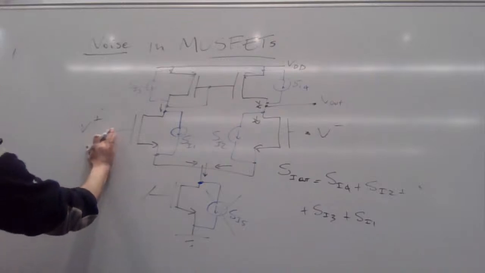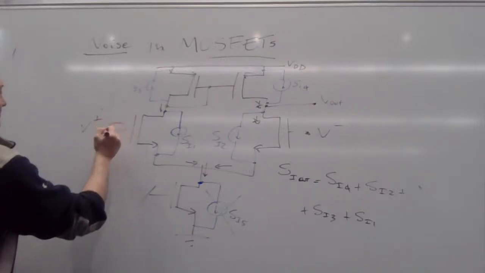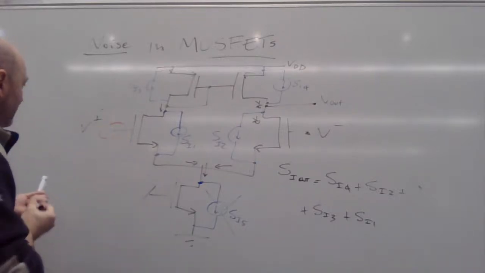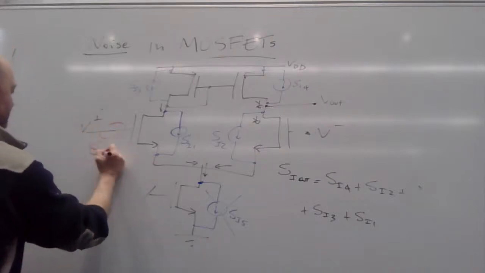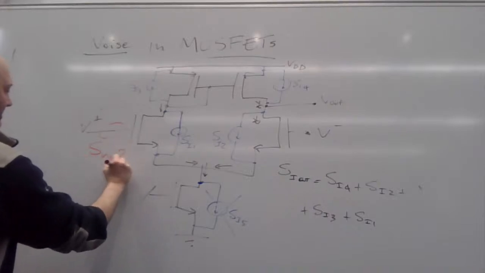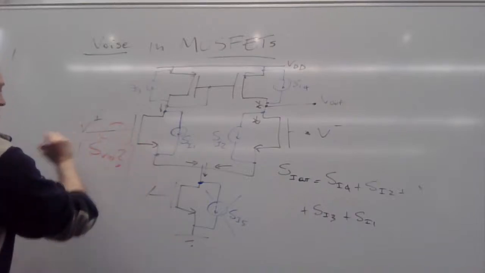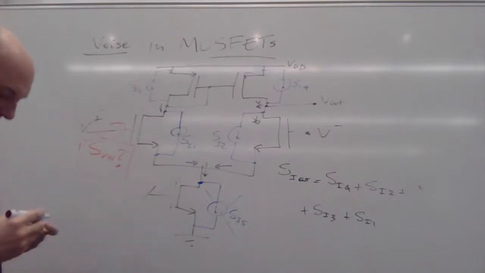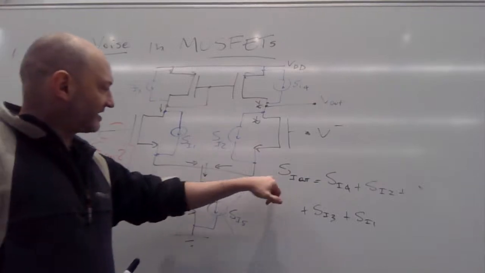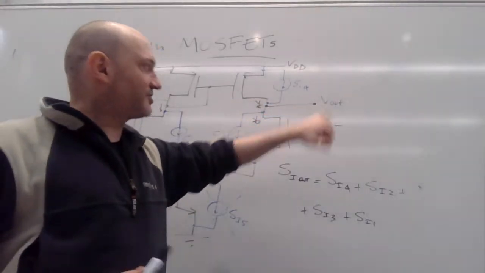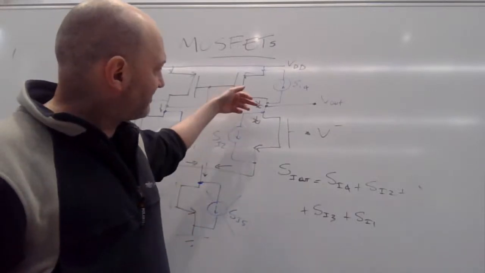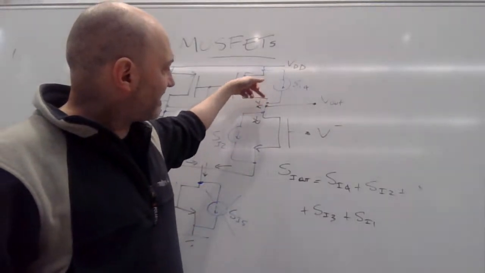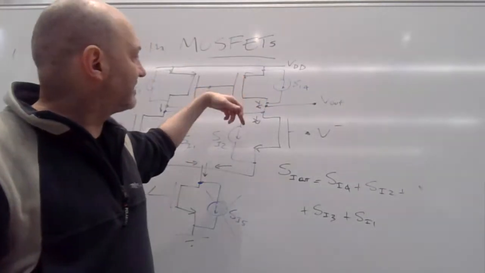So what we want is to find our input, SV in. We do not know that; that's what we want. We have the current there, so we want to find the voltage at the output. Typically we multiply the current by the output resistance to find the voltage.